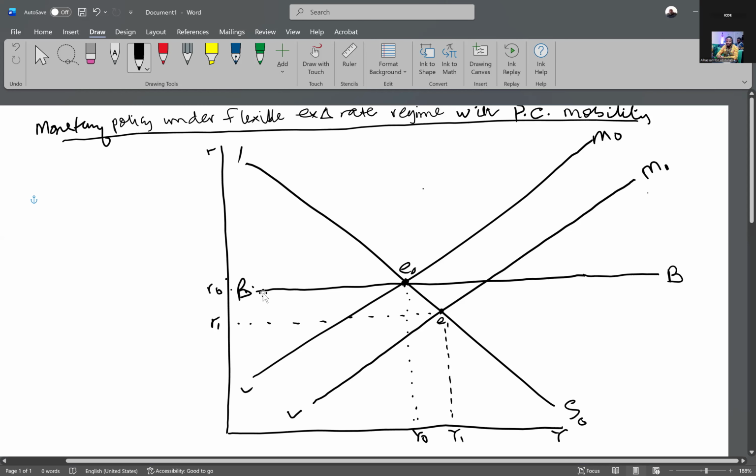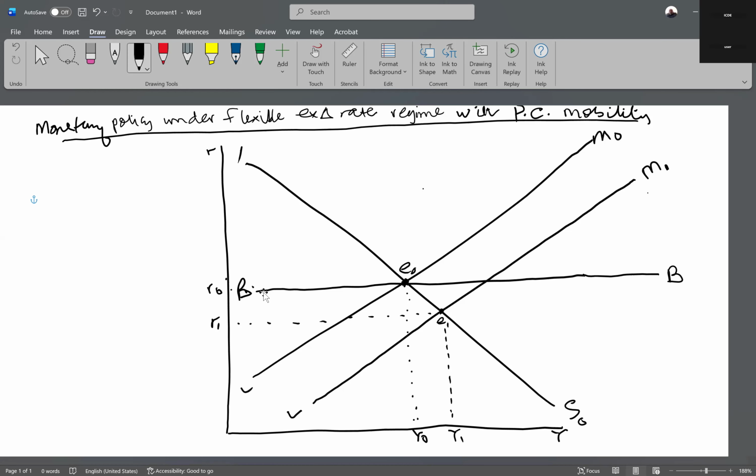If the cedi depreciates in value, exports will be what? Cheaper. And imports will be expensive. The cedi has depreciated in value, so exports will become cheaper and imports will become dearer or expensive.